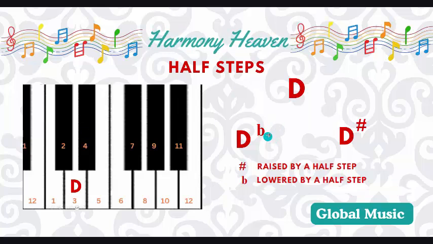And if you see D flat, this small lowercase b in superscript is called flat. So it means D, and you're going to lower by a half step, meaning this first black note.